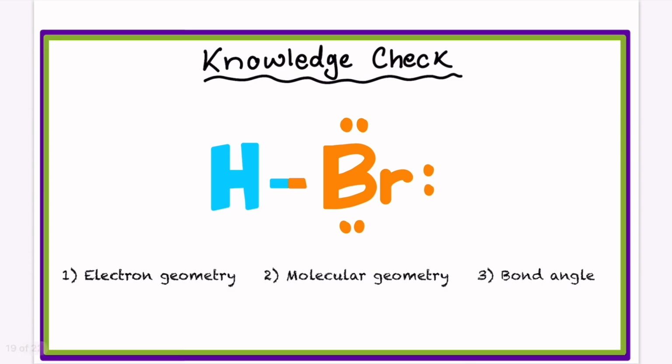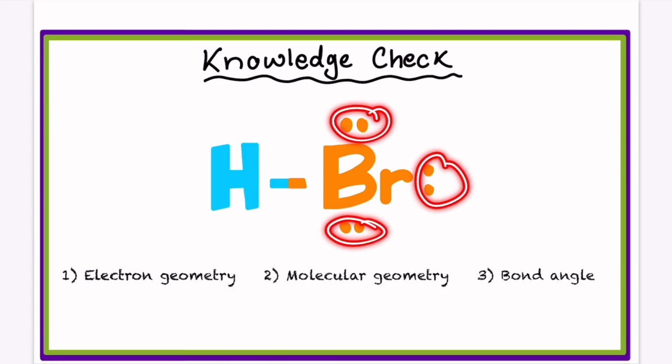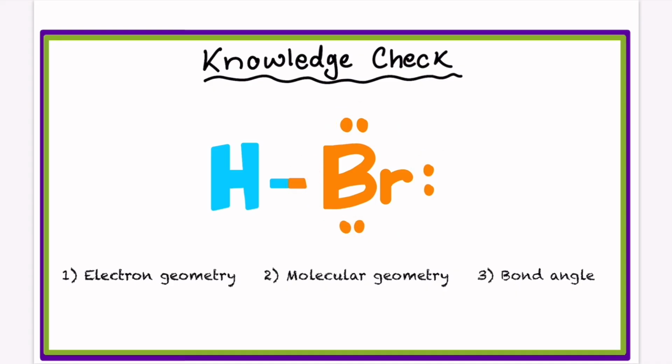Welcome back! Let's look at hydrogen bromide. You would first want to draw the Lewis structure of the molecule, which I have already done here, and then you count the number of electron groups around the central atom. Although this is a diatomic molecule, hydrogen can never be the center atom, so we will just have to focus on the electron groups around bromine, which are 4.